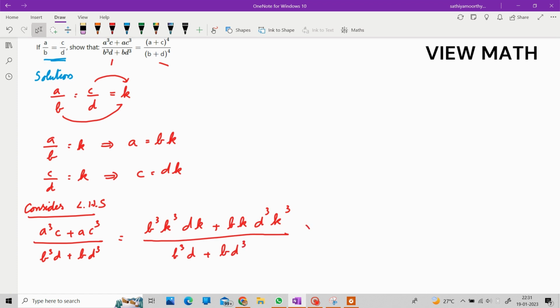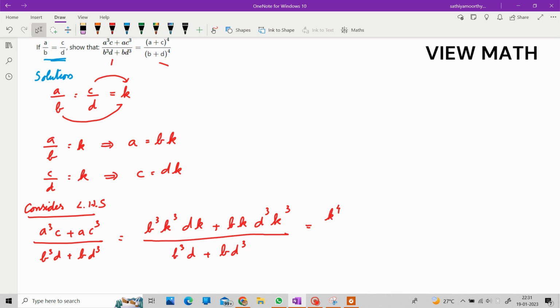So in the numerator, whatever is common, I am going to take it outside. K cube times K, that means K power 4 is here, and here also K power 4 is common. So let me take K power 4 outside.